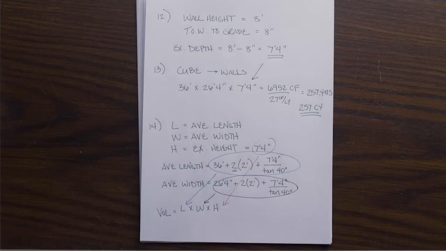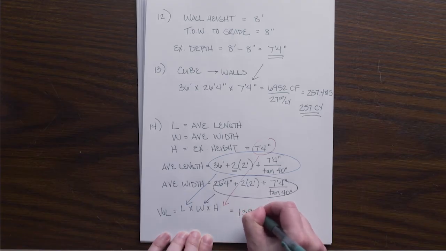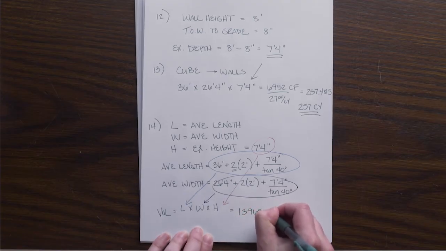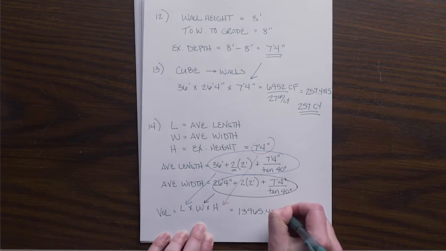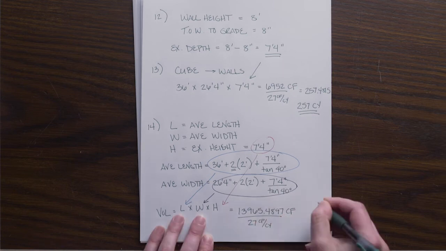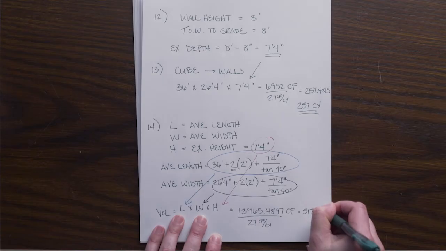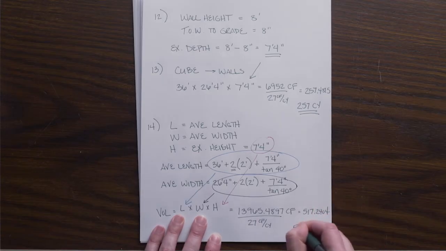We do all that, run through our numbers, we get 13,965.4897 cubic feet. Divide by 27 cubic feet per cubic yard. 517.2404, 517 cubic yards.